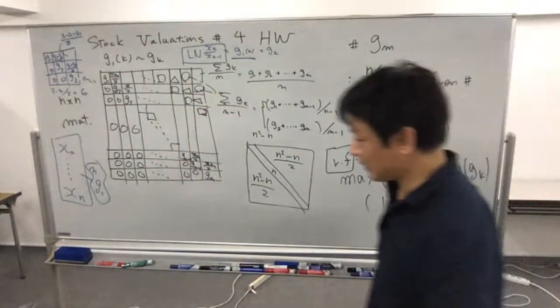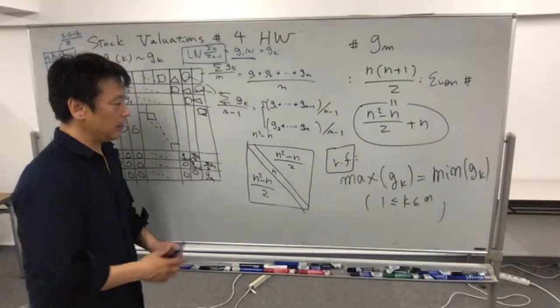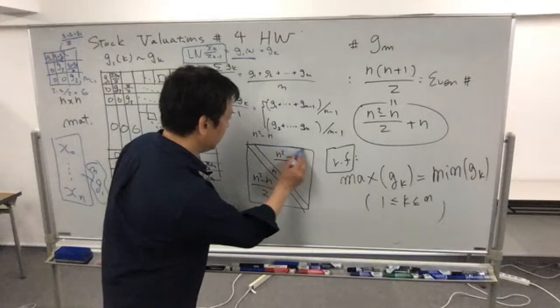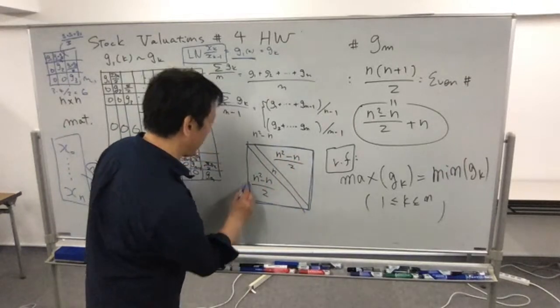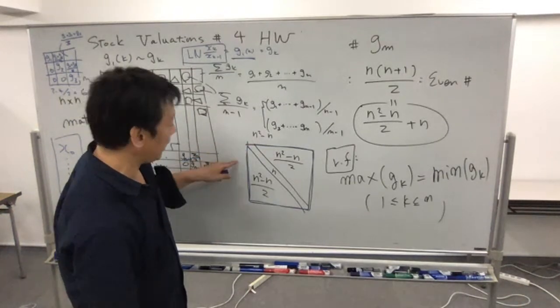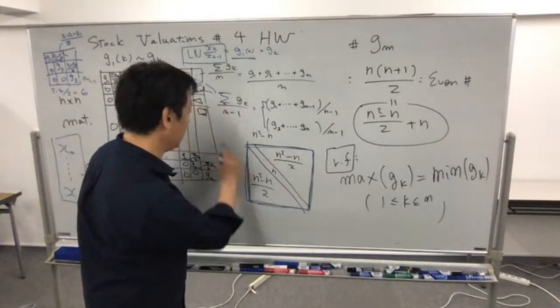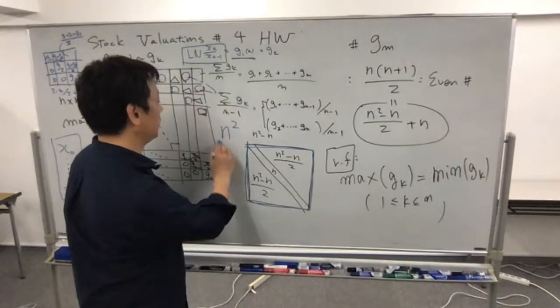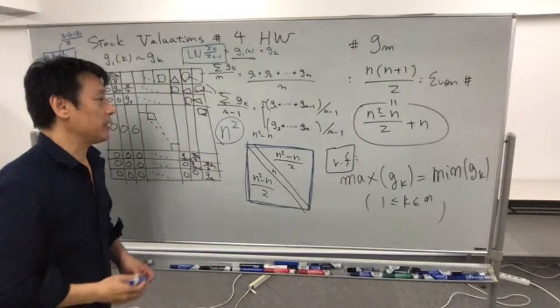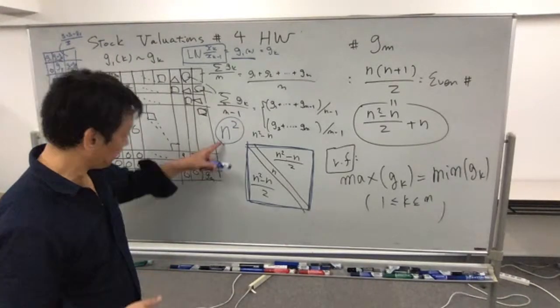So how many of them? How many kinds of GMs? Please look at this square. How many n's? So n times n. So in the square, we have n squared columns and rows.